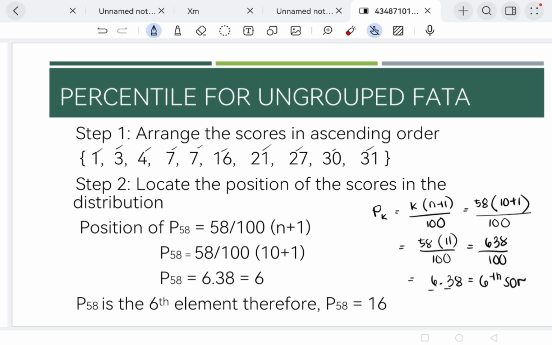So we will just count our 6th score, that is 1, 2, 3, 4, 5, 6. So our 58th percentile is 16. So our P sub 58 is 16. So the 6th element therefore is 16. So that is how we solve for percentile for ungrouped data.